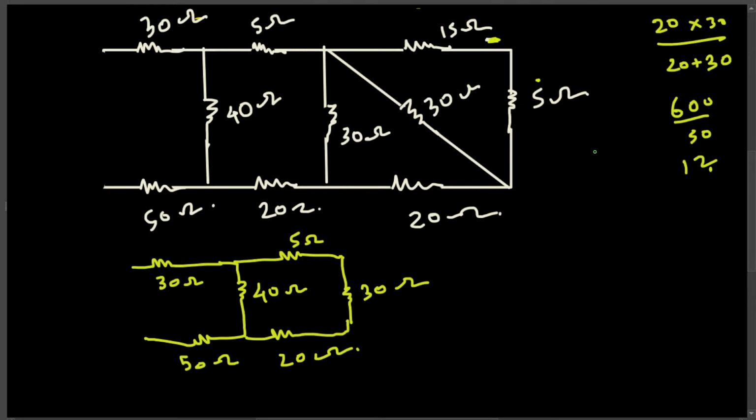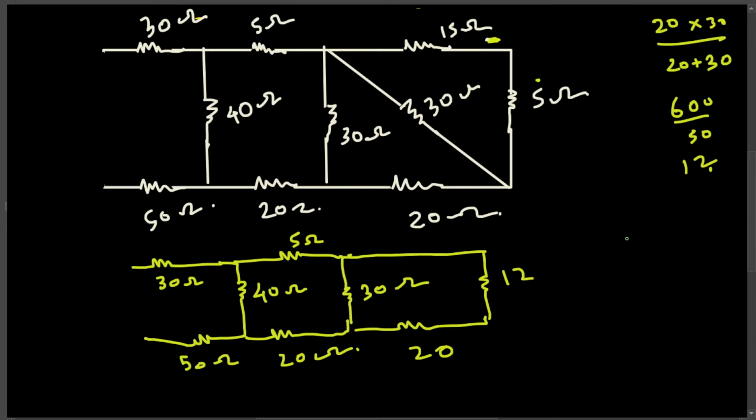After we got 12, we can redraw this one like this: 12 here and then 20 here. That is 32. 32 parallel with 30.